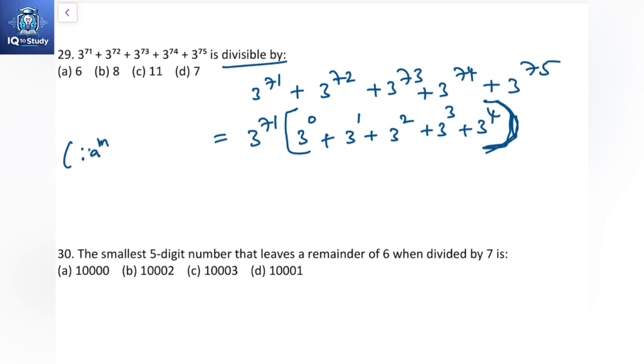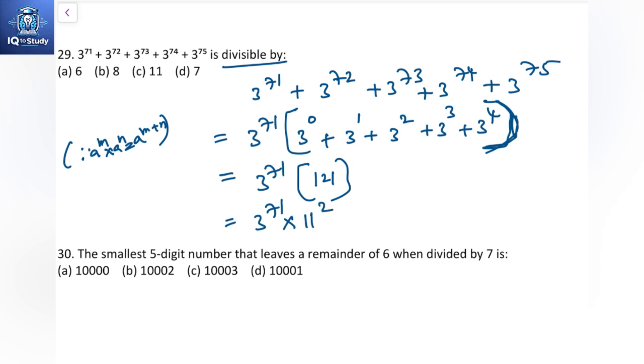Since a power m into a power n is equal to a power m plus n, that is equal to 3 power 71 into 121, which is 3 power 71 into 11 square. So the given series is divisible by 11.